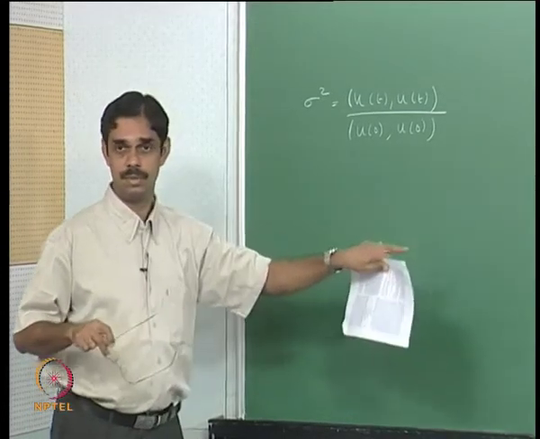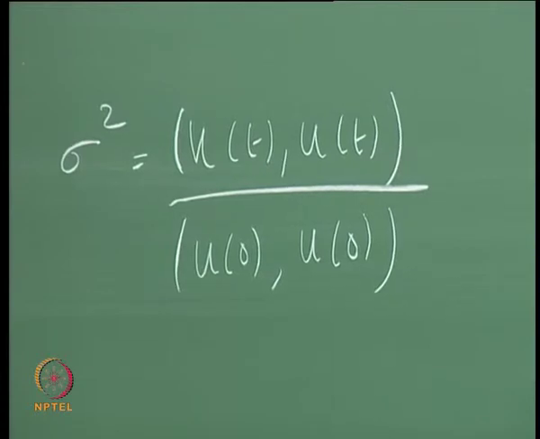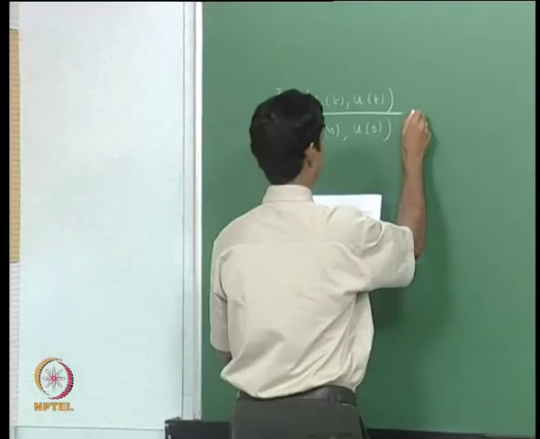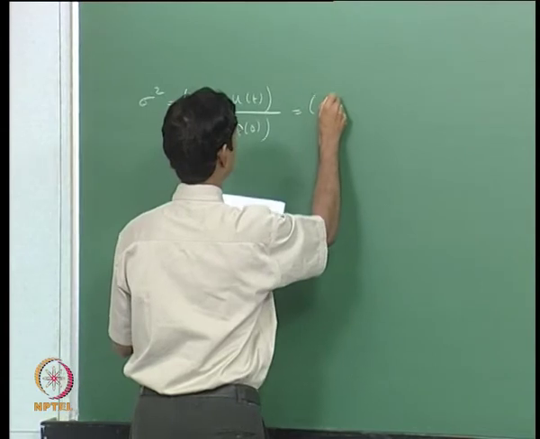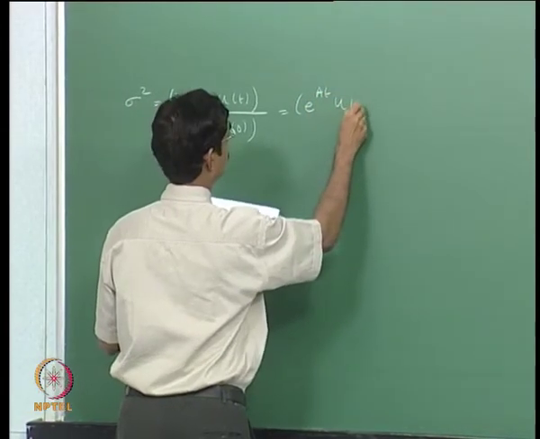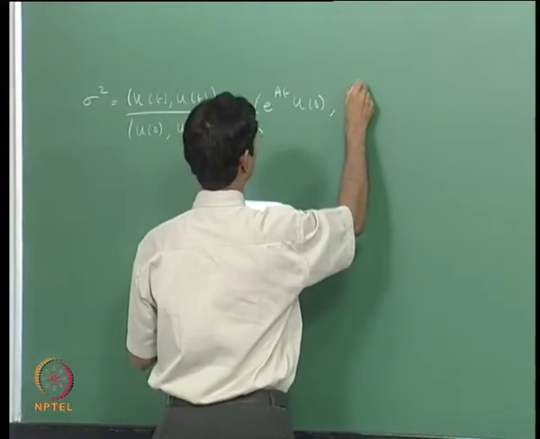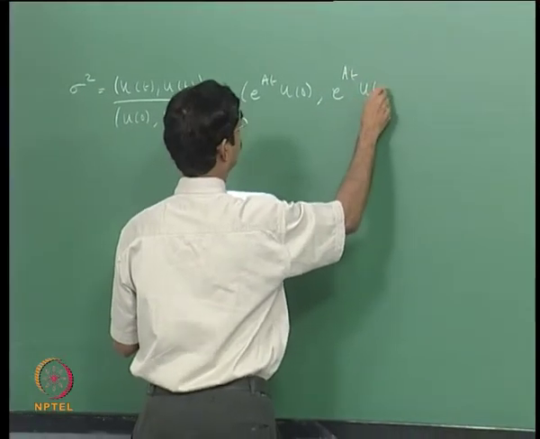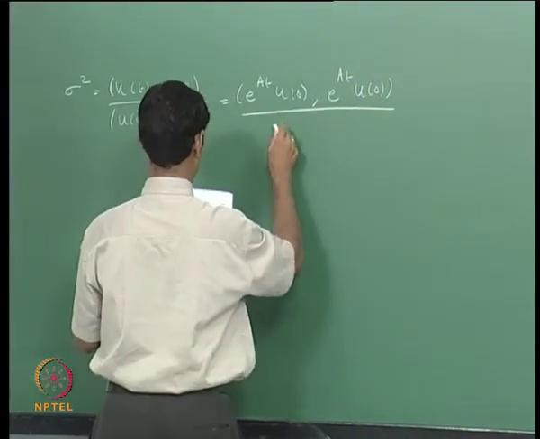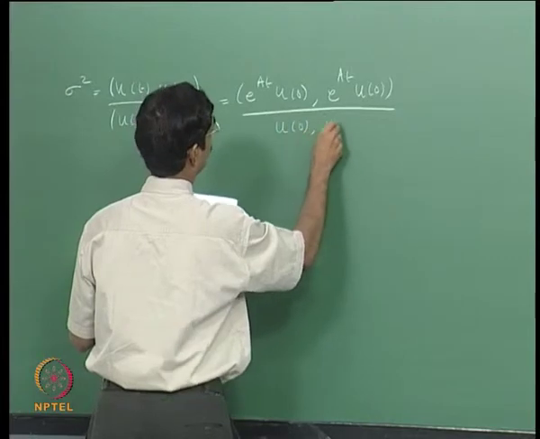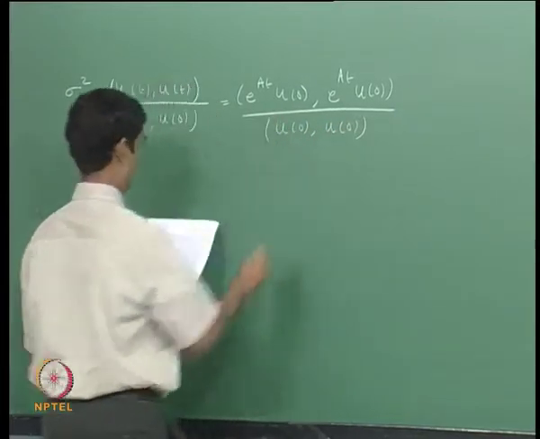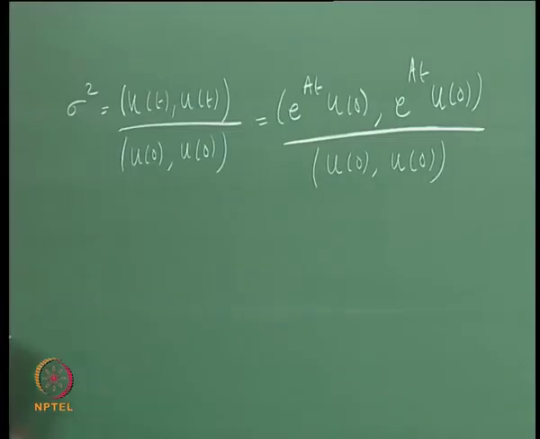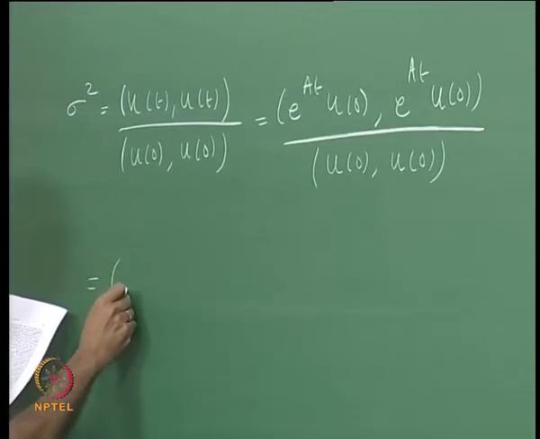So this is like the square of the 2-norm, and we can rewrite this as e^(Lt) u naught. We know that is a solution. Now we can use the definition of adjoint.